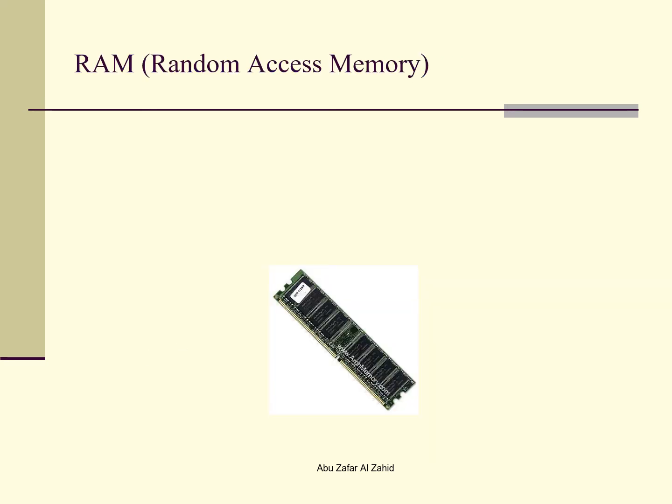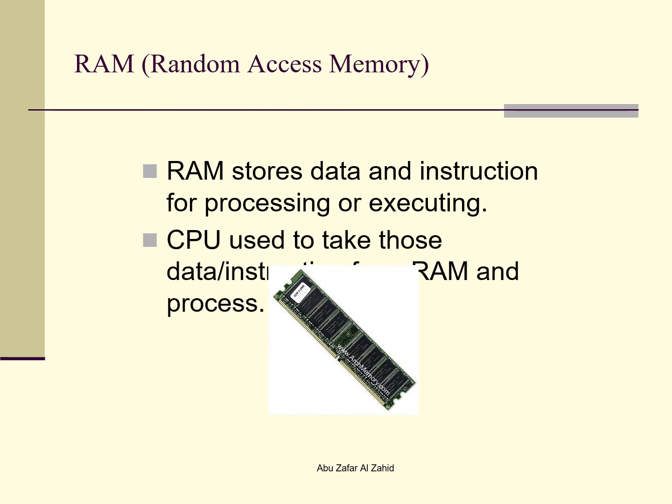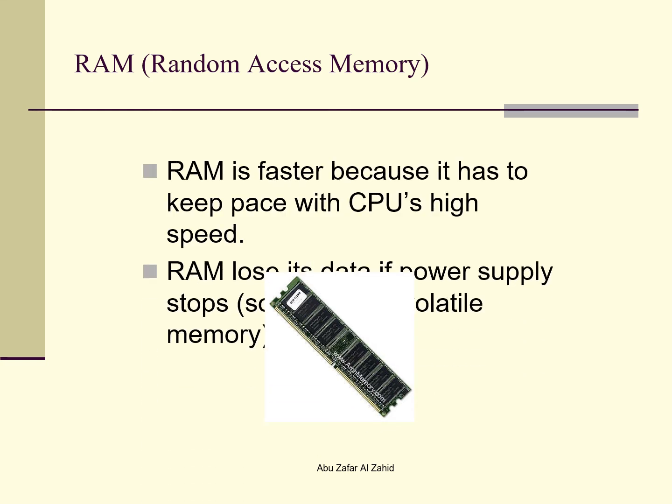RAM, random access memory. RAM stores data and information for processing or executing. The CPU takes that data or information from RAM and processes it. RAM is faster because it has to keep pace with the CPU's high speed. RAM loses its data if the power supply stops, so it is called volatile memory.